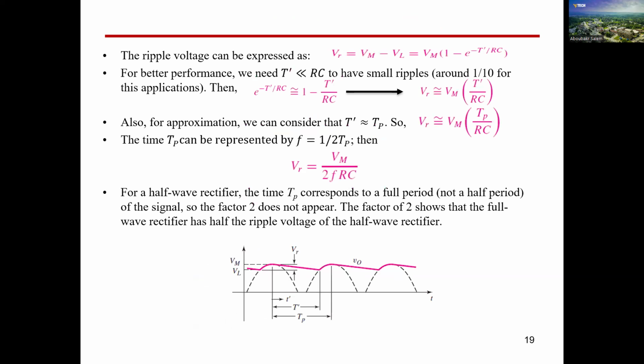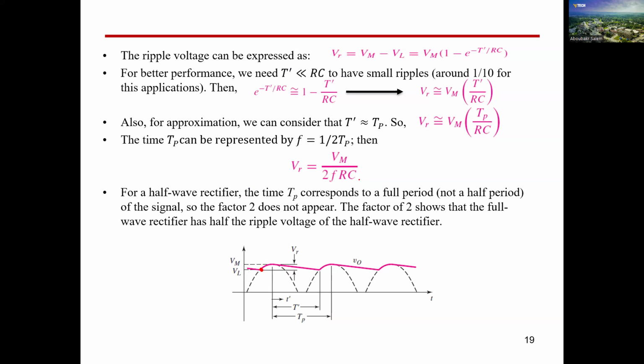So how can we get the ripple volt now? The ripple volt is nothing but the peak value minus the minimum value. The peak value is V maximum. The minimum value is the point here where the capacitor volt will equal the supply volt. He calls it here VL, and he made a relation here. We don't need the exact steps.